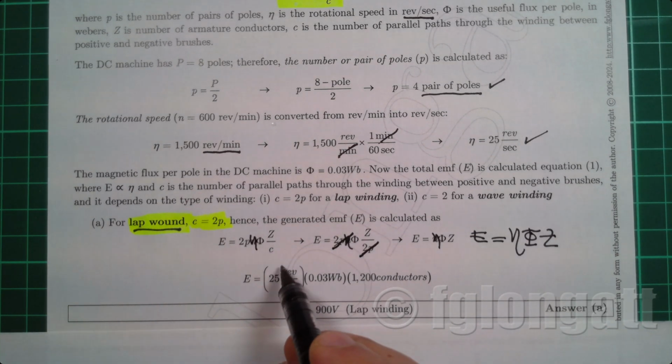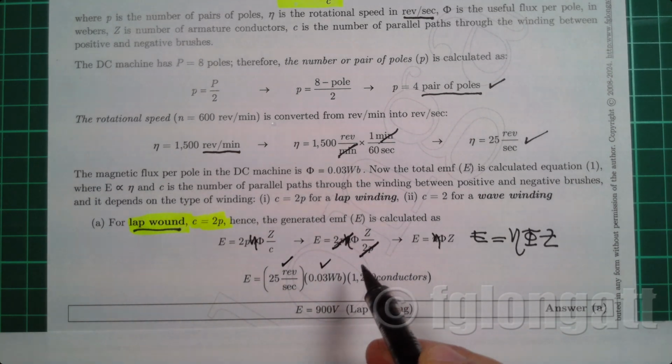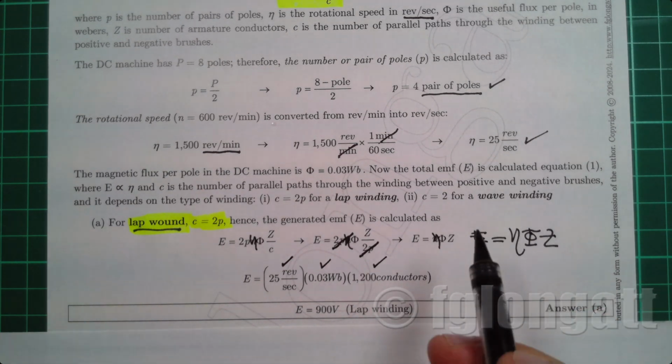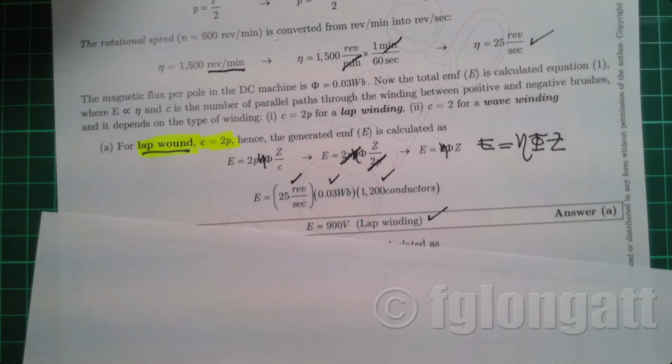So we need to substitute it here, 25 revolution per second, flux per pole 0.03 Webers, and we have a total of 1,200 conductors. And beautiful, we obtain the induced voltage for these conditions is basically 900 volts, and this is the lap winding. So simple, is very, very simple.